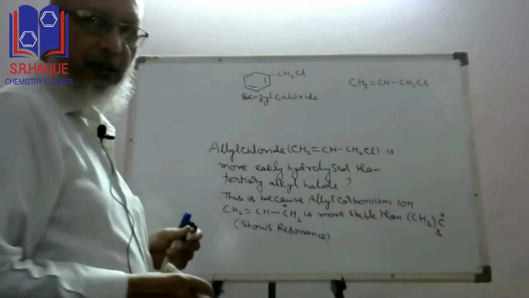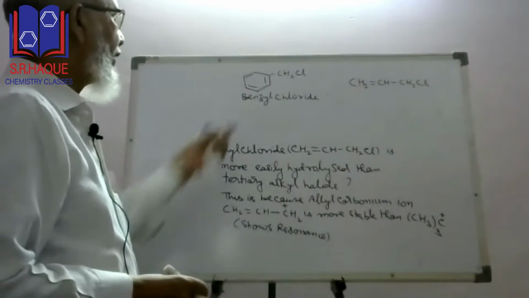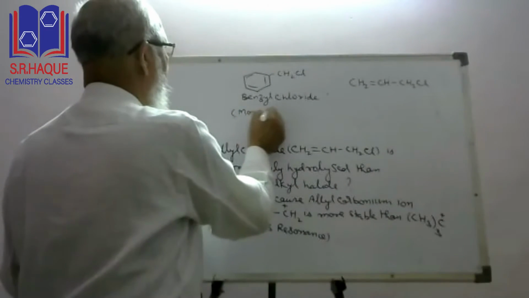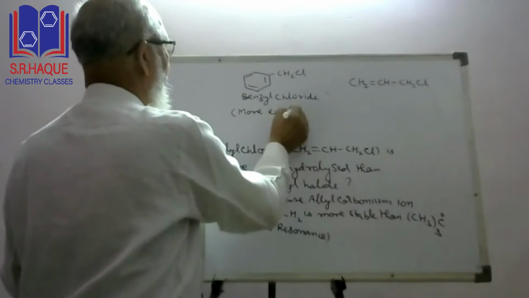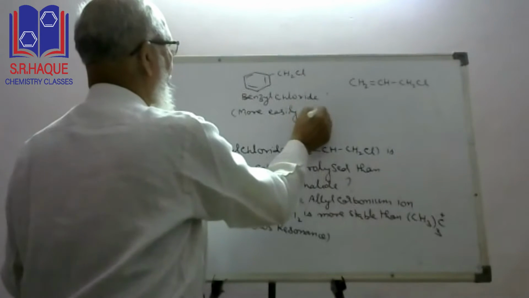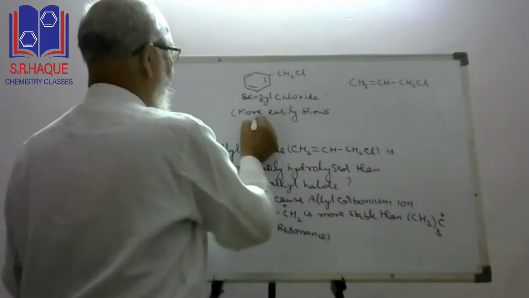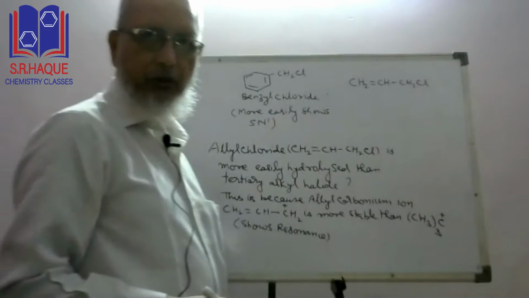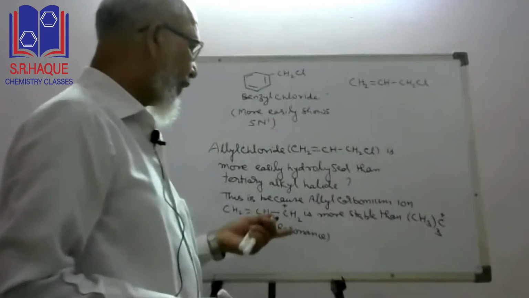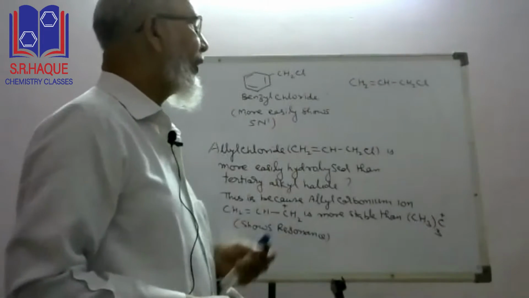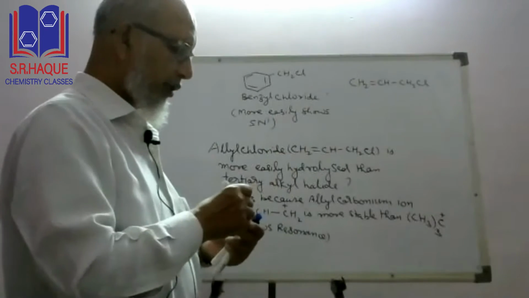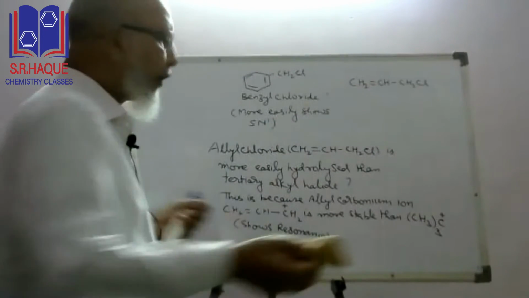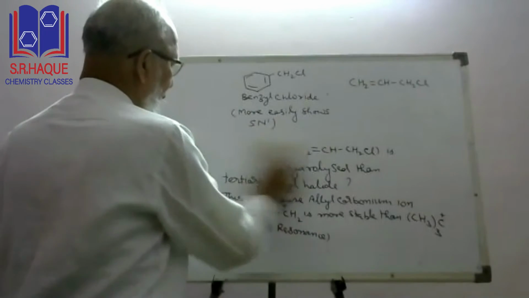So if it is asked which will more easily undergo SN1 reaction, this will more easily show SN1 because benzyl carbonium ion is more stable in comparison to that of the allyl carbonium ion, and in SN1 reaction there is formation of carbonium ion, while in SN2 there is no formation of the carbonium ion.